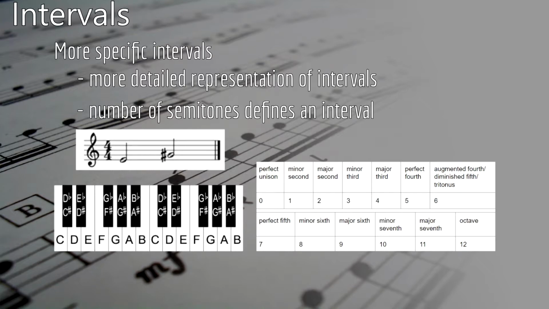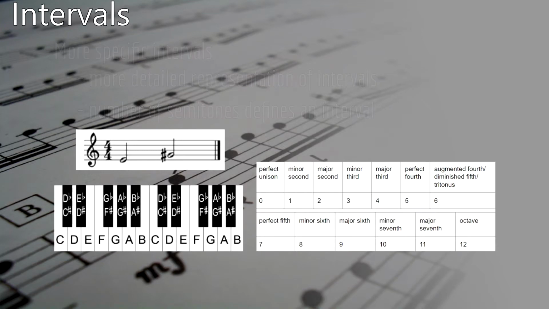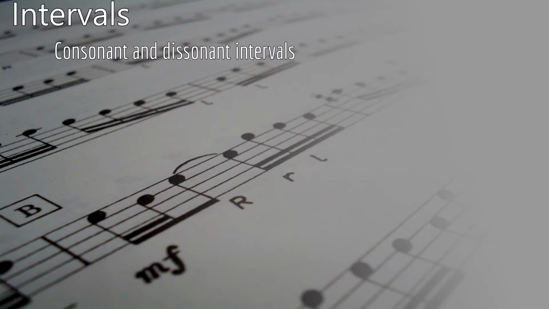And now we're going to probably get some more intuition for the intervals with consonant and dissonant intervals. And first I'm going to explain you the different characteristics of those two.